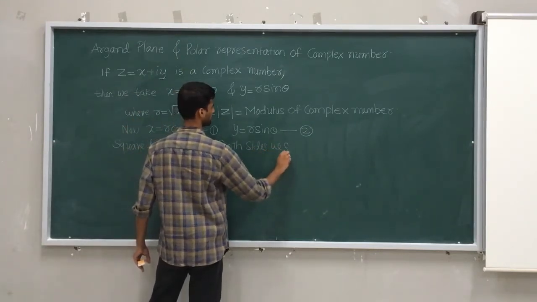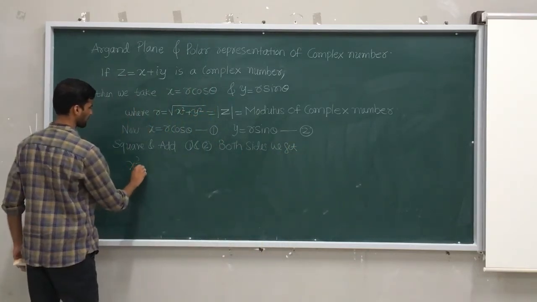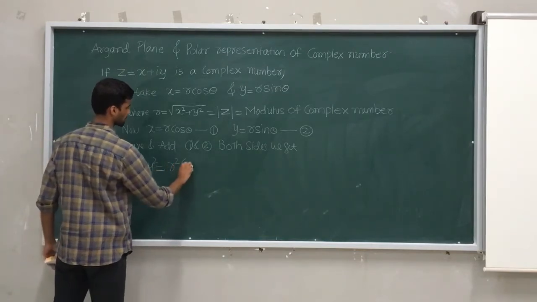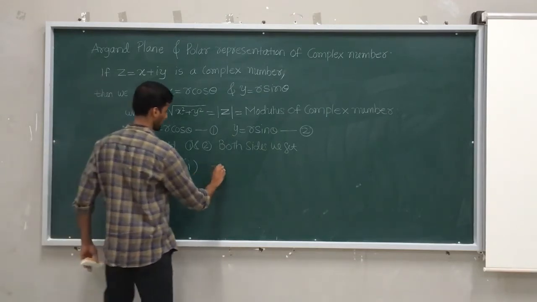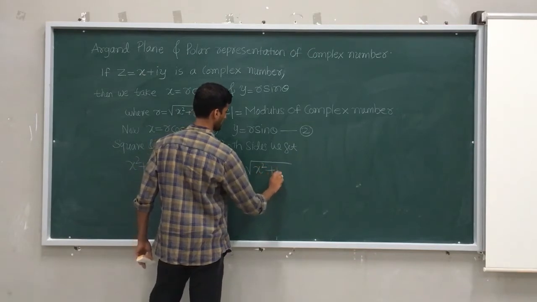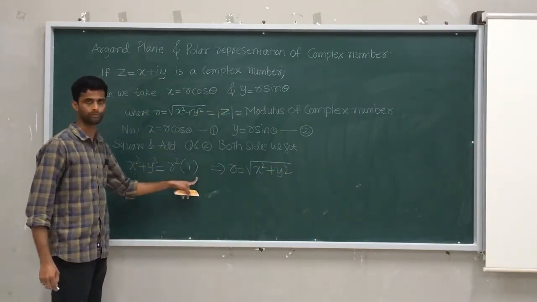When you square and add, it becomes x square plus y square equals r square times 1, because cos square theta plus sin square theta is 1. With this I got r equals root of x square plus y square, which I practically proved.